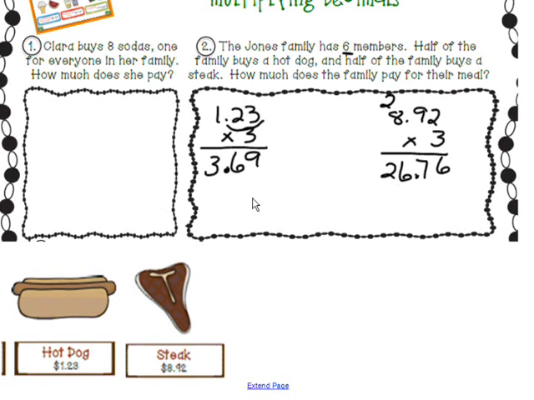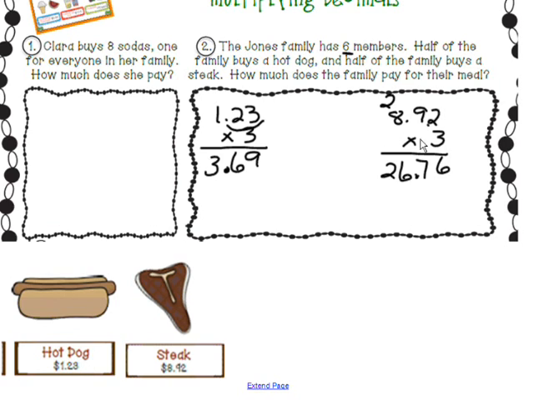Now I can double check that I put my decimal points in the right place by using estimation. $1.23 is about $1, and 3 is already a whole number. So if I estimate this, it's going to be about $1 times 3, and $3.69 is right about right because it should be $3 and something. $8.92 is just shy of $9.